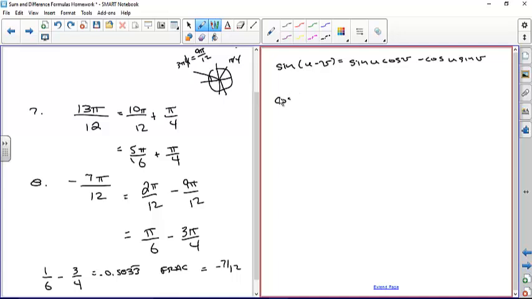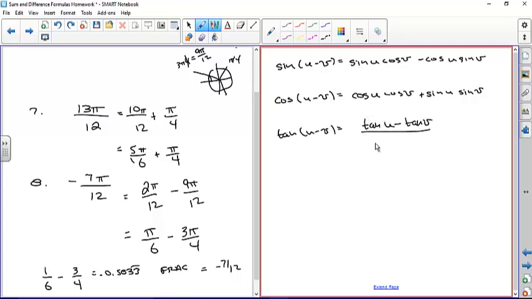The cosine of u minus v is cosine of u cosine of v plus the sine of u sine of v, and the tangent of u minus v is the tangent of u minus the tangent of v divided by 1 plus tangent of u tangent of v.